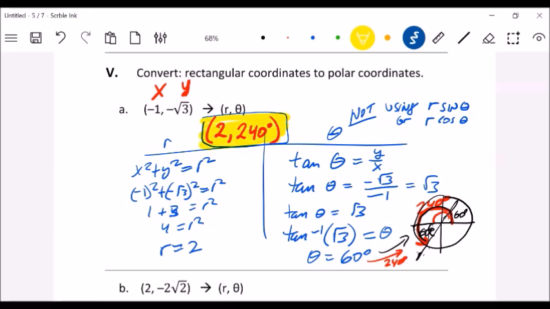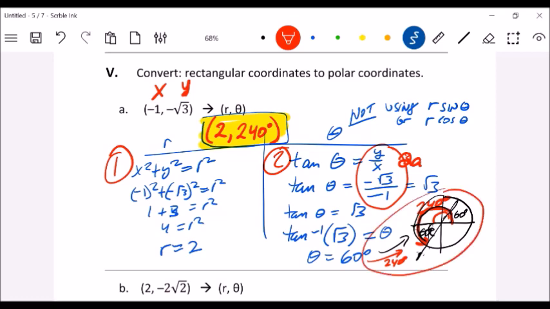Okay, so let's look at what we did. The first step was to find r. The second step was to use tangent by using y and x, I'll call that 2a. And then once you got the 60 degrees, we did this part, noticing we're in the third quadrant, so we have to use the reference angle plus 180, and that would be like 2b.